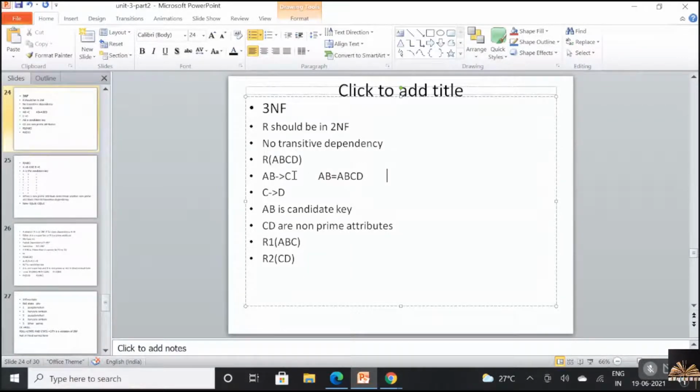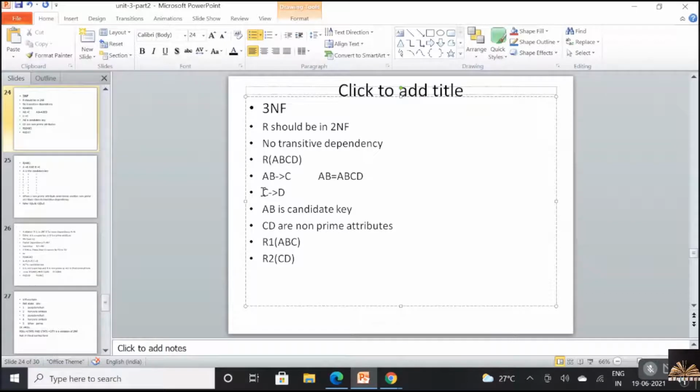But C implies D. Is C a part of a primary key or your candidate key? No. So this is causing the violation. So transitive dependency occurs over here. A transitive dependency occurs when a non-prime attribute determines another non-prime attribute.